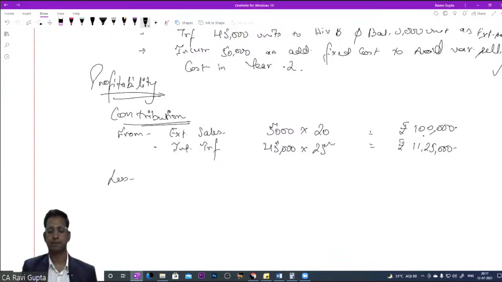Less fixed overhead 6,30,000, plus there is a special fixed overhead which we have incurred.